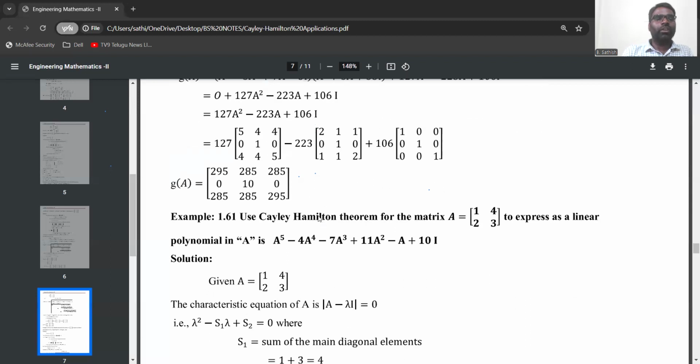After simplification, we get the g of a value. In a similar manner, we can find each and every application, like finding higher powers and simplifying the given expression, and also we can find the inverse of the matrix.